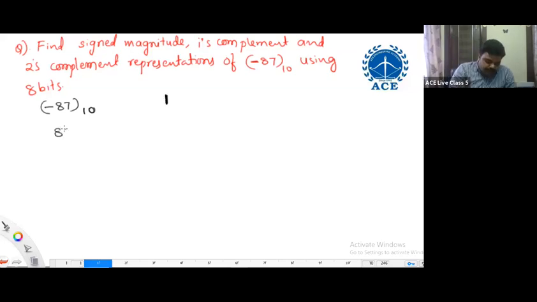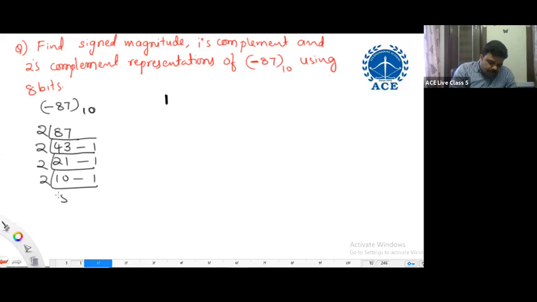Let me get the binary equivalent of 87. 87 divided by 2 is 43, remainder 1. 43 divided by 2 is 21, remainder 1. 21 divided by 2 is 10, remainder 1. 10 divided by 2 is 5, remainder 0. 5 divided by 2 is 2, remainder 1. 2 divided by 2 is 1, remainder 0.